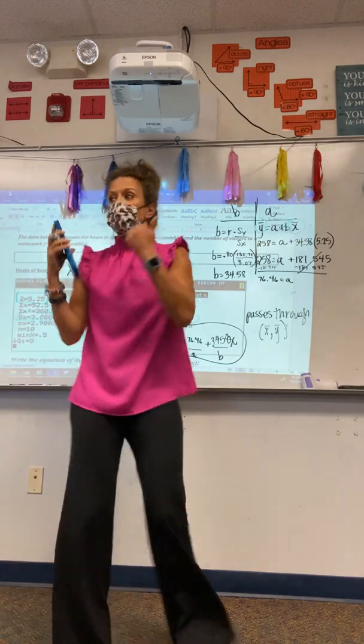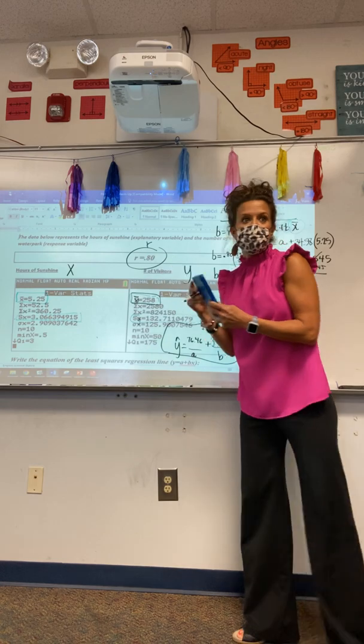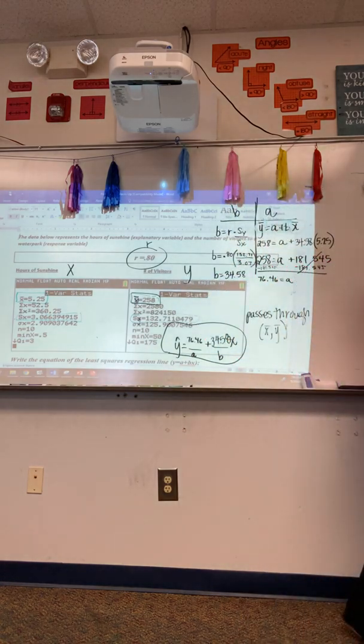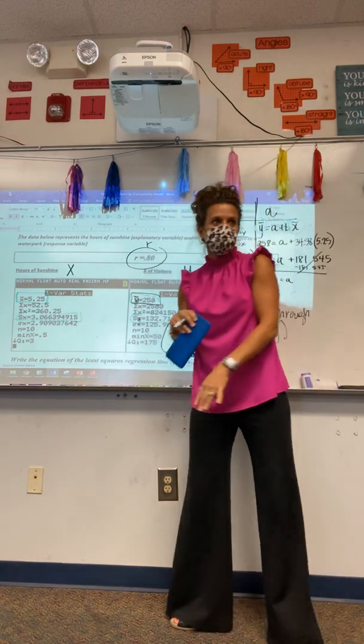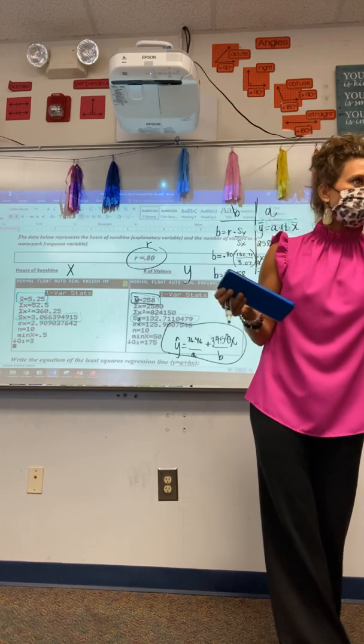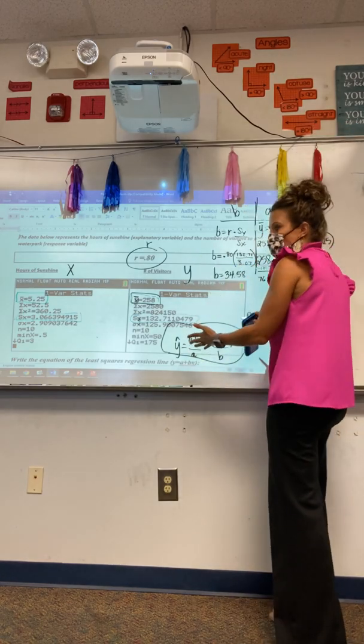You had to use X bar, Y bar, R had to be given to you, and you had to use your standard deviation of Y and standard deviation of X. So this is the legit least squares regression line. This is exactly what you would have gotten if you had put it in your calculator, to less decimal places.